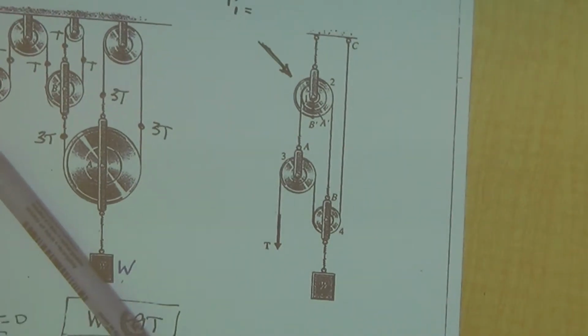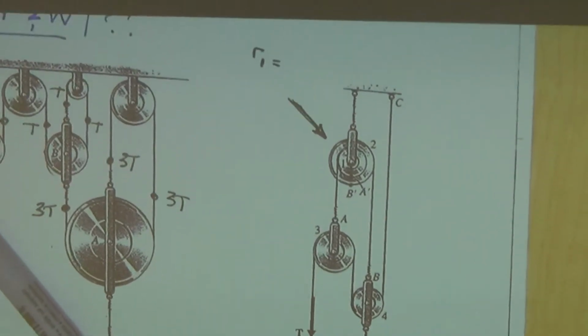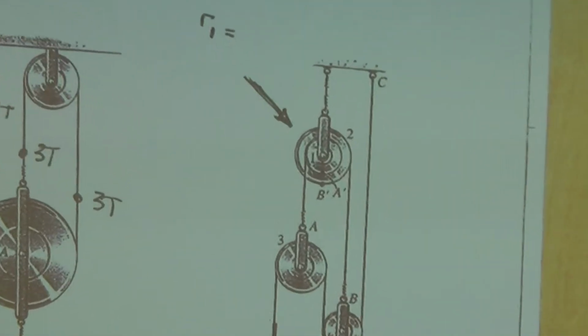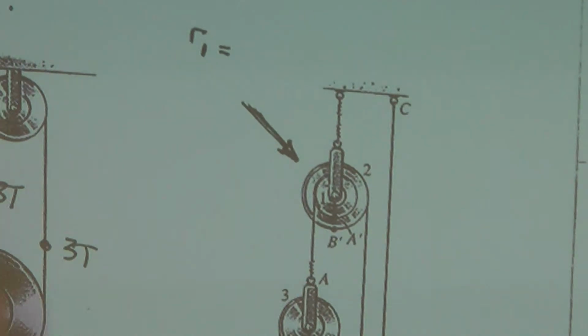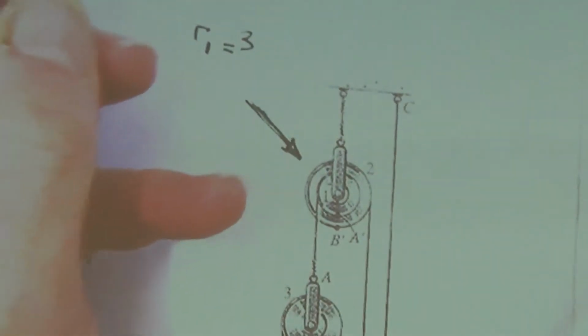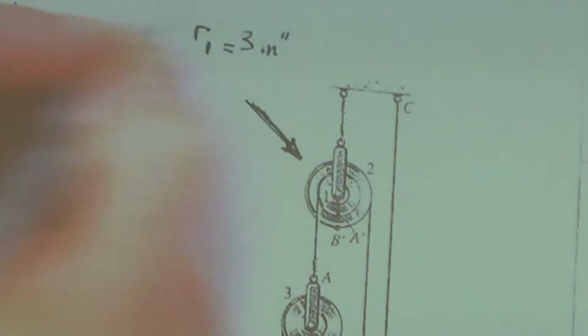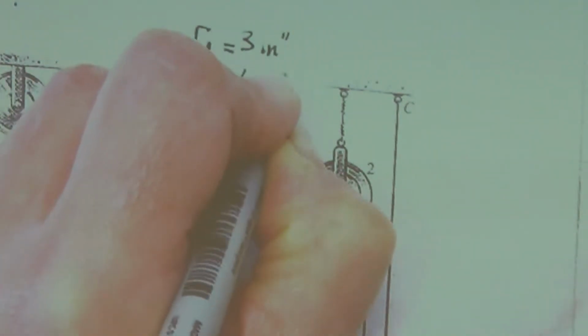So one was more of a simple pulley where we were just looking at one pulley, but this was a combined pulley, so there's one in the front and one in the back. So radius 1 is 3 inches, and radius 2 is 6 inches.